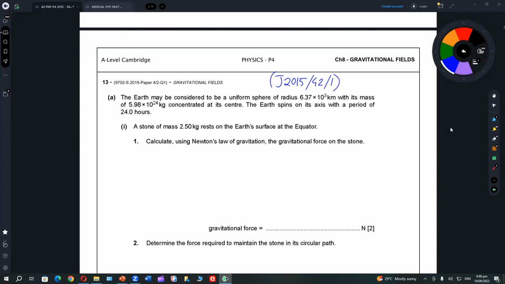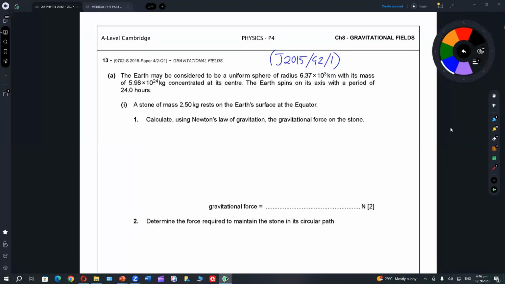So it will be taking the whole radius. The mass of the Earth is given and the mass of the object is given. So first make the data and do any necessary conversion.